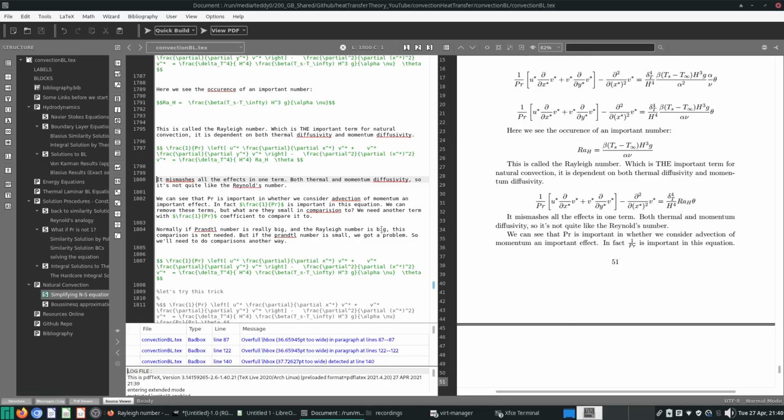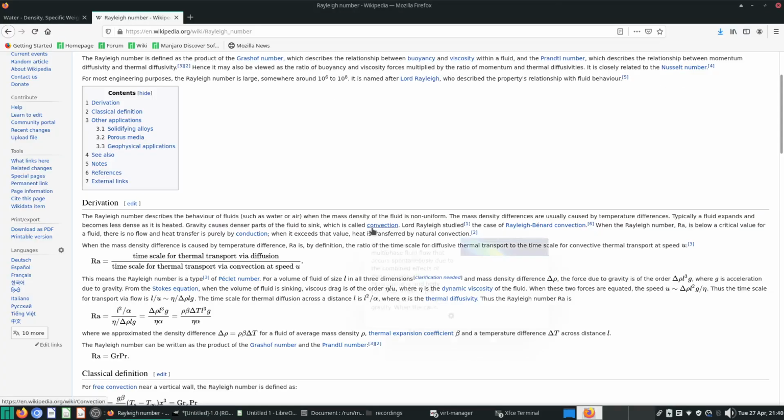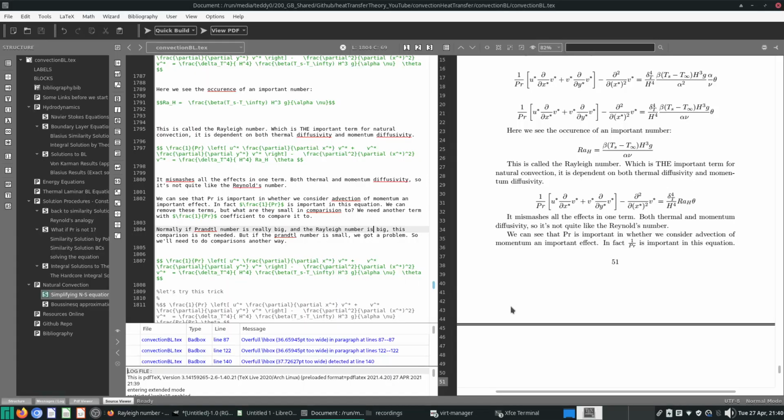So the definition of the Rayleigh number is kind of a time scale comparison. Again, the numerator is thermal transport via diffusion versus the time scale for thermal transport via advection, sorry.